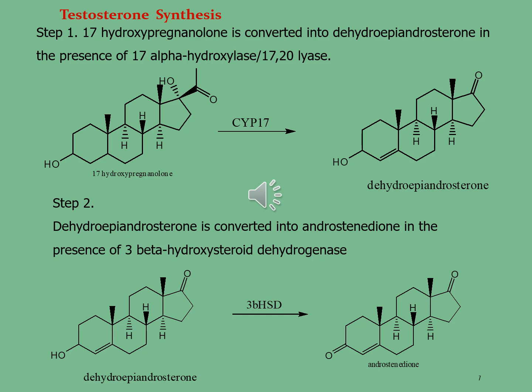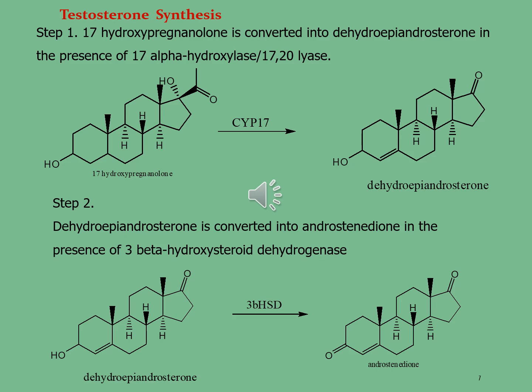In the second step, dehydroepiandrosterone is converted into androstenedione in the presence of 3-beta hydroxysteroid dehydrogenase enzyme. So the androstenedione consists of a carbonyl group at carbon 3 position and a double bond at carbon 4 position.